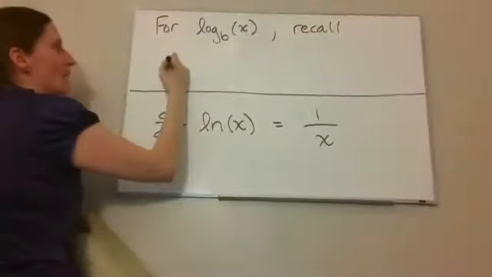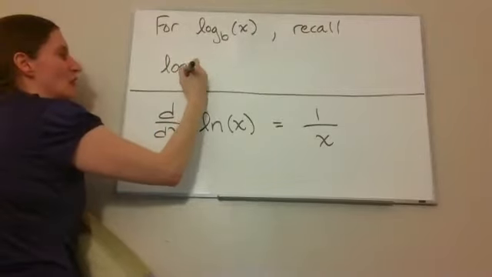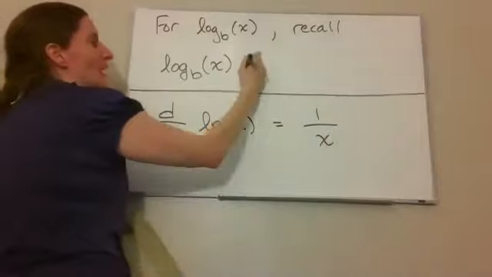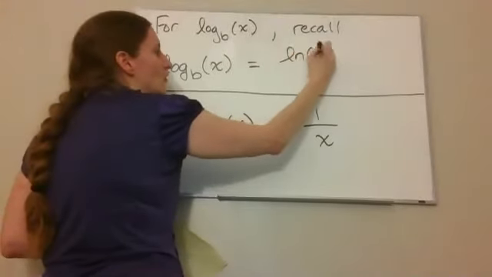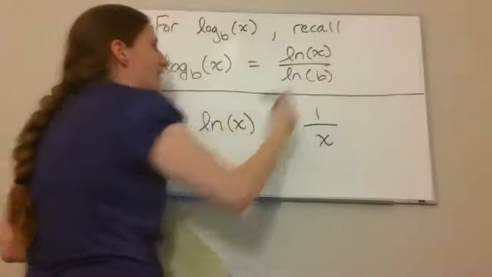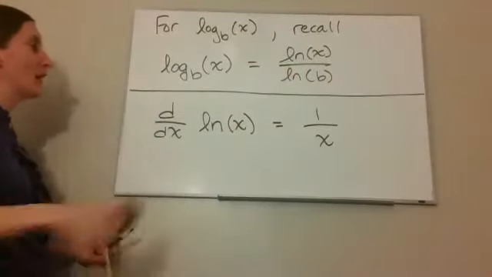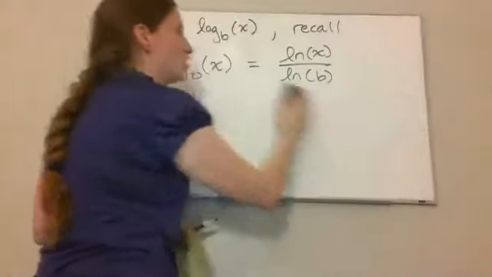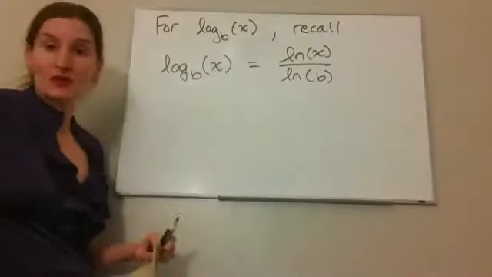Recall our change of base formula from back when you took pre-calculus. Log base b of x is equal to the natural log of x divided by the natural log of b. So then I can find the derivative of a log of any base by changing it to natural logs and using my natural log formula.